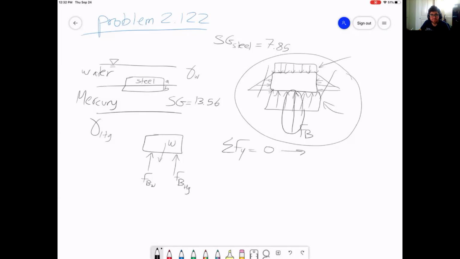The two buoyant forces minus the weight. Okay, and what's the equation for a buoyant force?